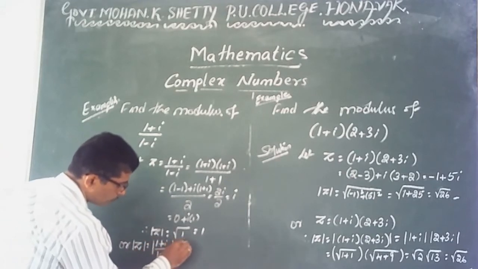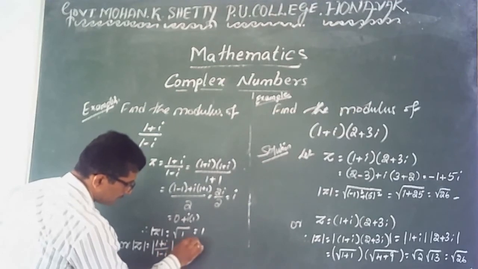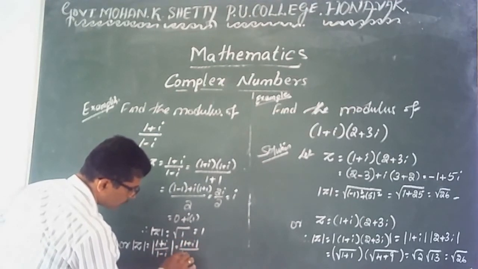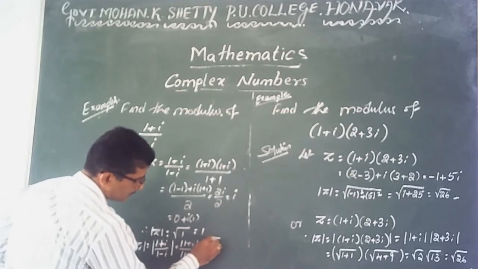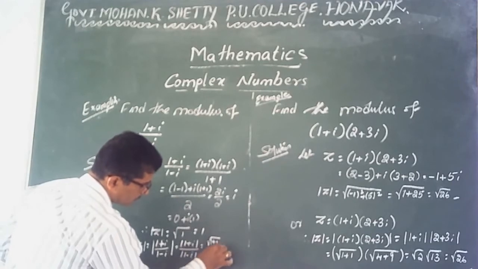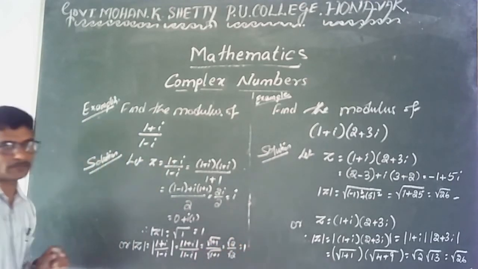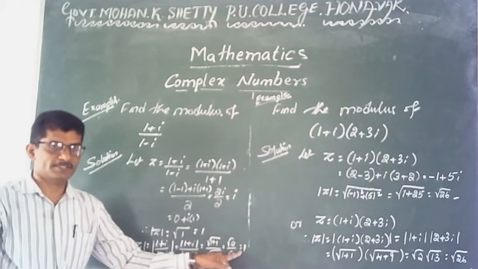Its value is modulus of 1 plus i divided by modulus of 1 minus i. Modulus of 1 plus i means root of 1 plus 1. Here also root of 1 plus 1. Root 2 divided by root 2, you get its value is equal to 1 using the properties.